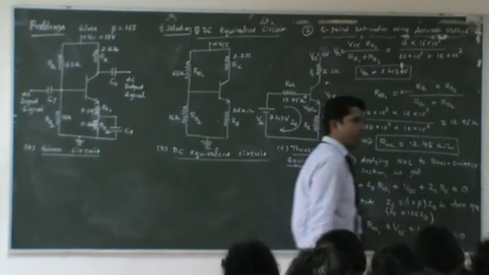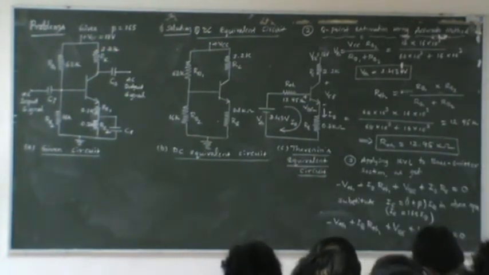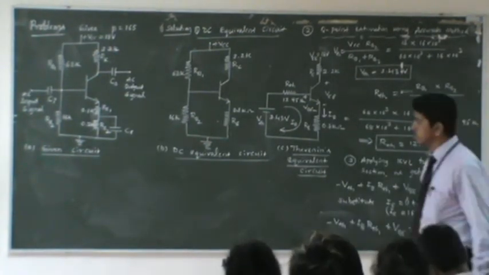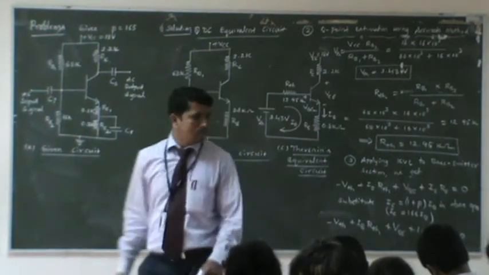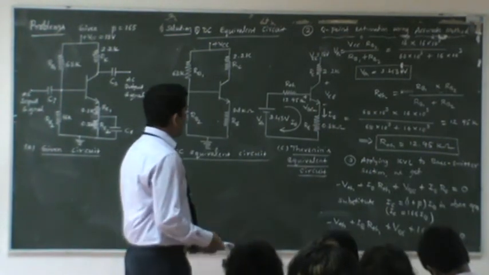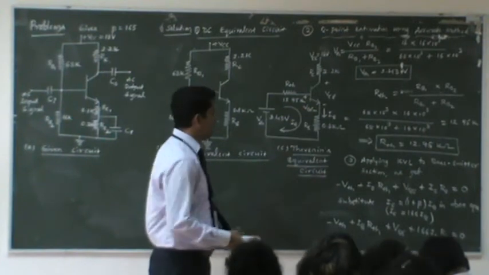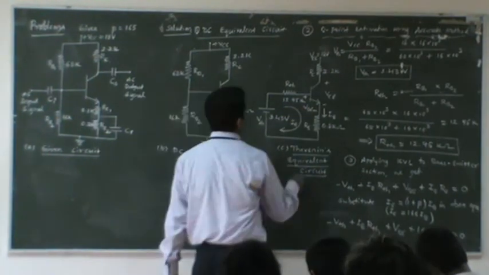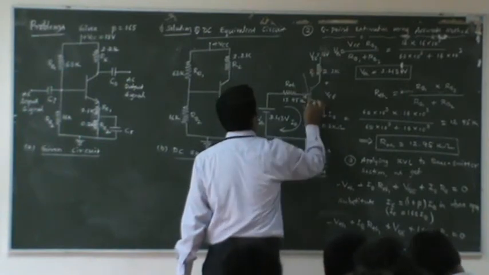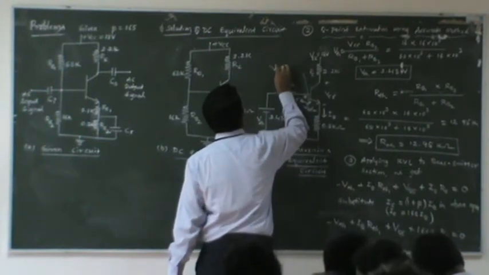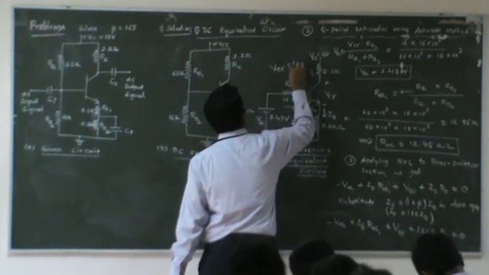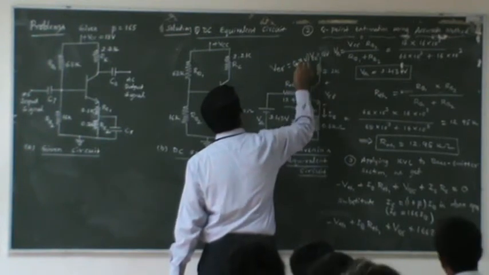Substitute everything and find IB from that. VBE is not given, you can take it as a silicon transistor, 0.7 volts.